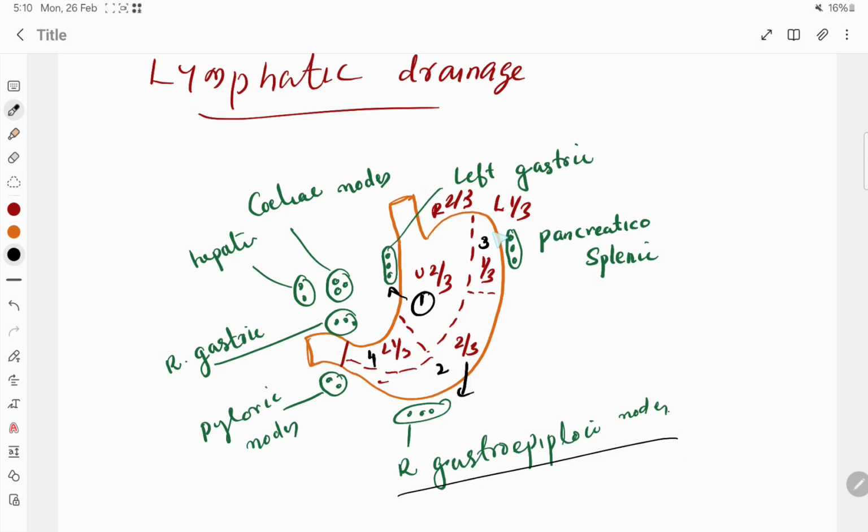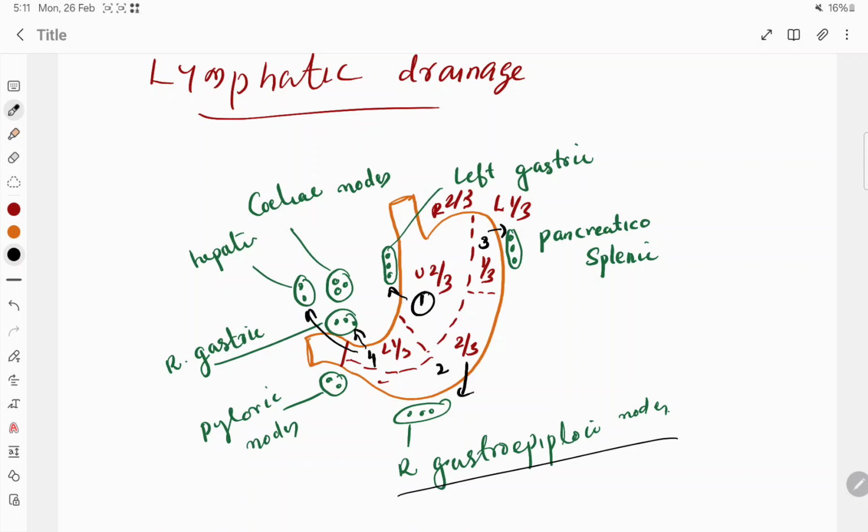Area 3 drains into the pancreatico-splenic nodes, and area 4, the lower one-third of the right two-third, drains into the right gastric nodes and also to the hepatic nodes.